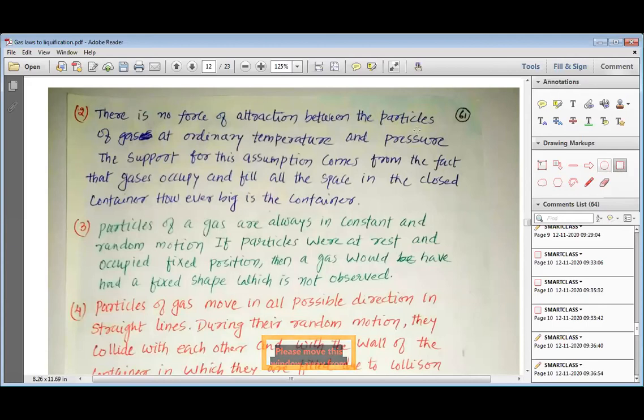So my dear students, suppose you have 1 mole of gas and you have filled it in this much of container. It takes the volume of this container.